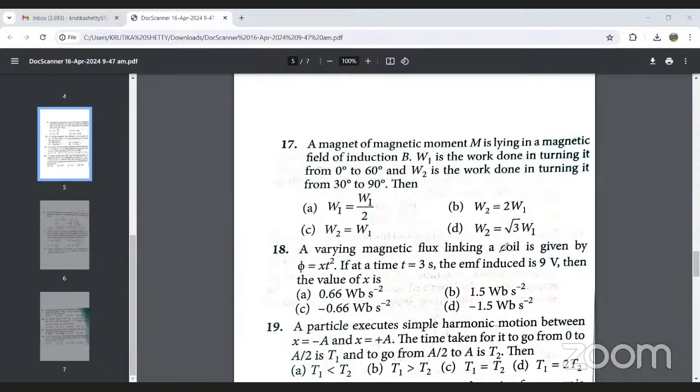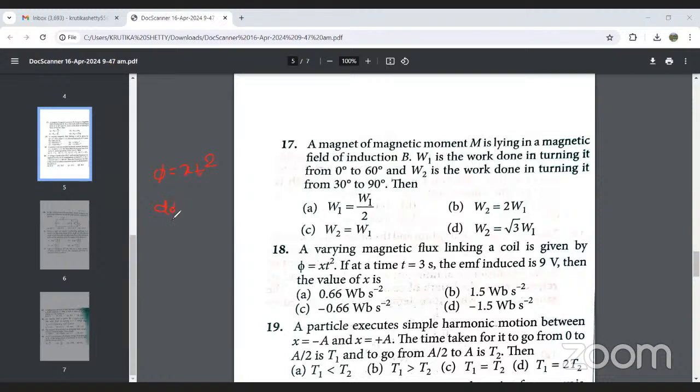A varying magnetic flux linking a coil is given by phi is equal to x into t square. If at time t is equal to 3 seconds, the EMF induced is 9 volt, then what is the value of x? So phi is equal to x t square.